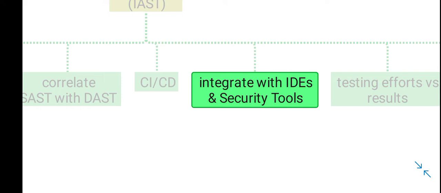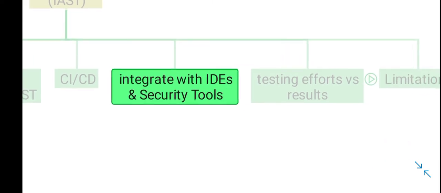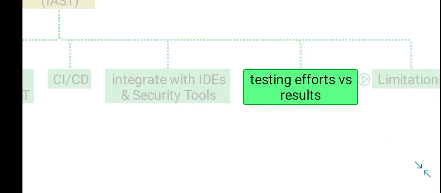So any bug which is reported by IDEs during the process of static application security testing can be reported to security tools to fix. So furthermore, as I have already mentioned, you can correlate the findings of static and dynamic application security testing. So the testing efforts and their results can be correlated.